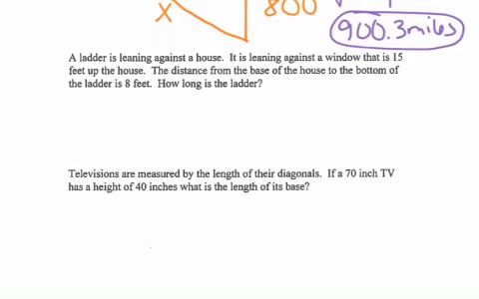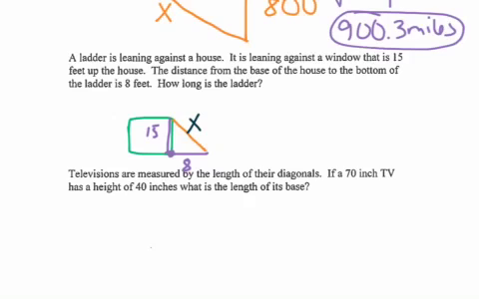Next one, a ladder is leaning against the house. So here's my pretty little house. In an arch, I'm going to draw my ladder. And it is leaning against a window that is 15 feet up the house. So my distance up the house is going to be 15 feet. The distance from the base of the house, which is right here, to the bottom of the ladder is 8 feet. How long is my ladder?